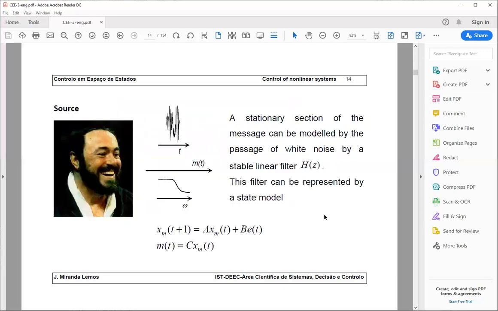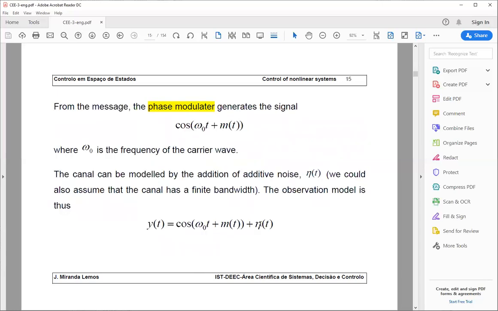So imagine, for instance, that you have some dynamics for generating the message that is the output of a linear system, and you have a phase modulator. So the signal that you are sending through your channel is the cosine of some frequency, but in which you have a phase that is proportional to the message.